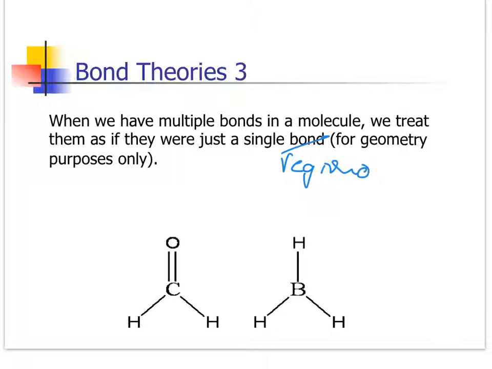It's just a region of space that just so happens to be a double bond. Instead, it's just a region of bonding. It just so happens that it's a double bond, or a single bond, or even a triple bond.